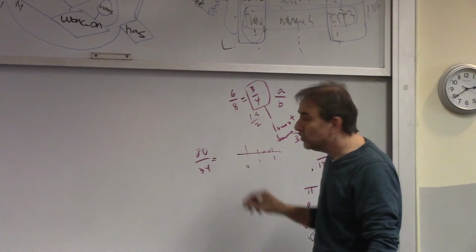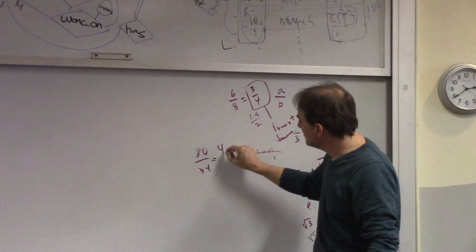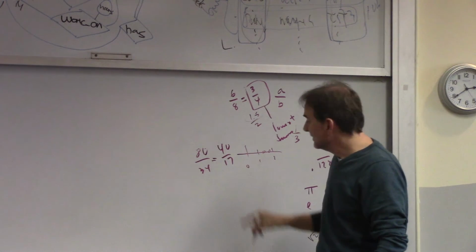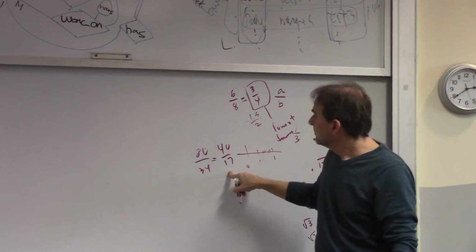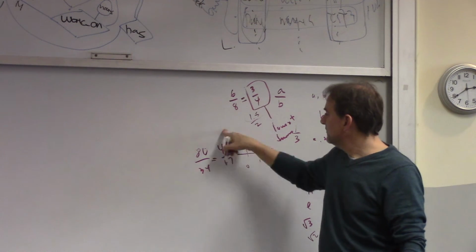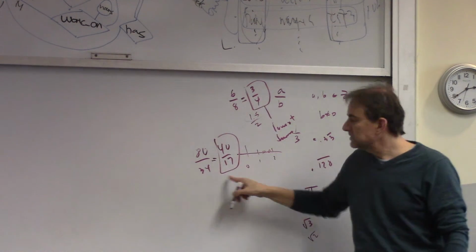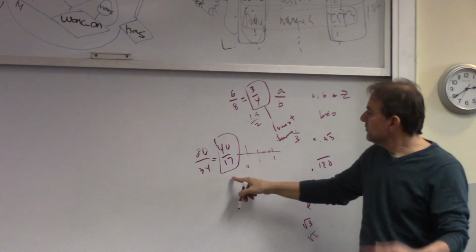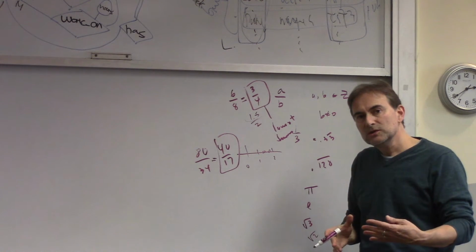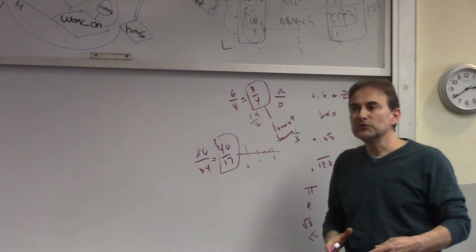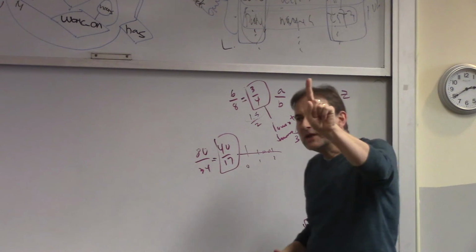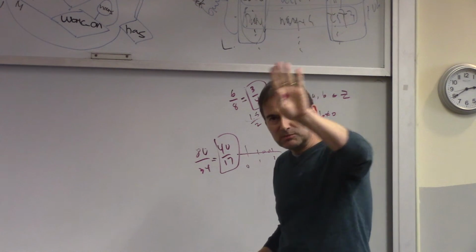I know I can divide by 2, which gives me 40/17. 17 is a prime number, so we know 17 is not a factor. So this is the lowest terms, right? This isn't, but this is. So every rational number may or may not be in lowest terms, but there's exactly one representation of that rational number in lowest terms.